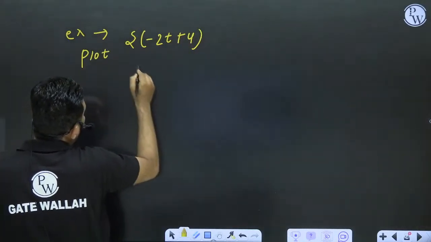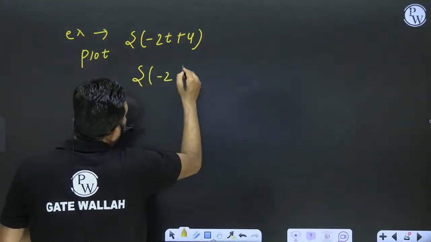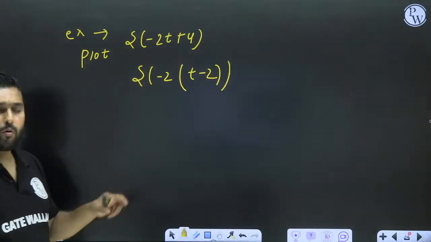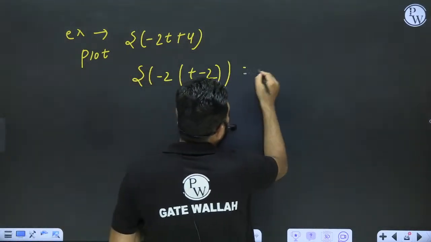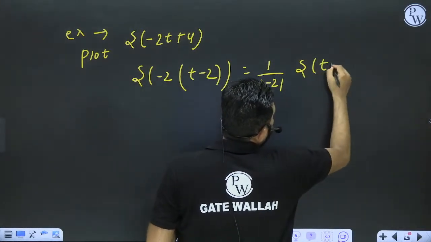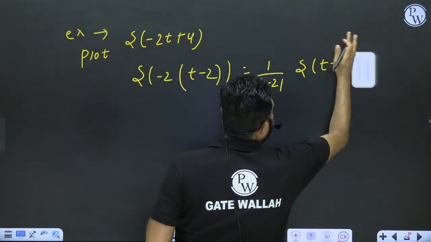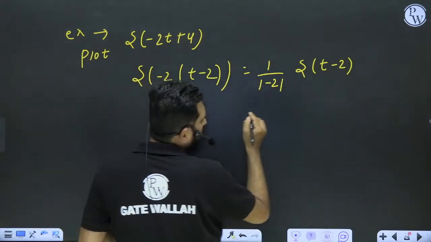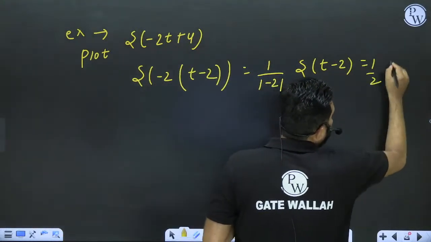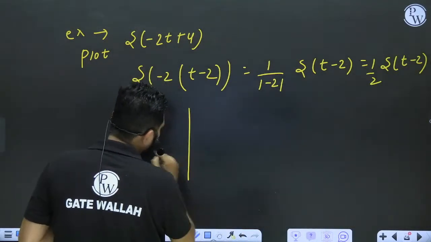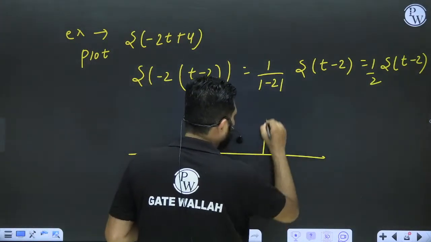We can write it as delta of minus 2, t minus 2. So 1 by mod minus 2 delta of t minus 2, which is equal to 1 by 2 delta of t minus 2. This is the function represented here.